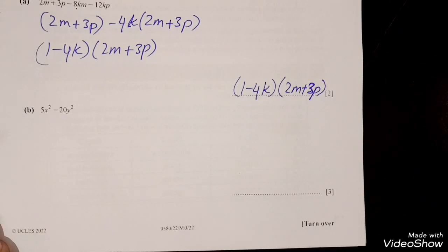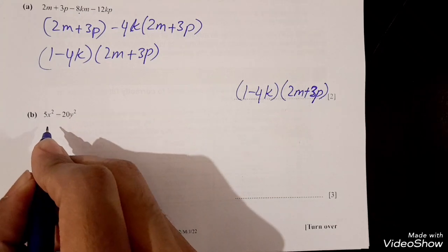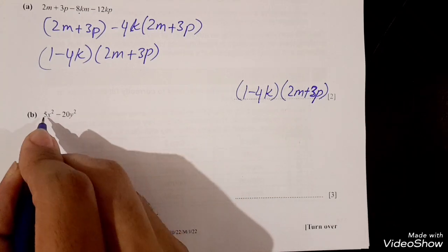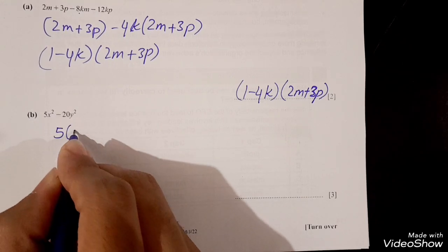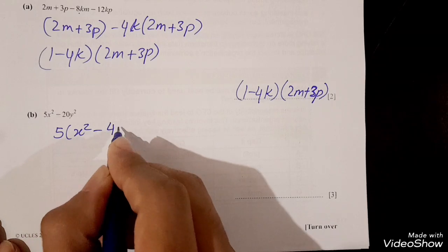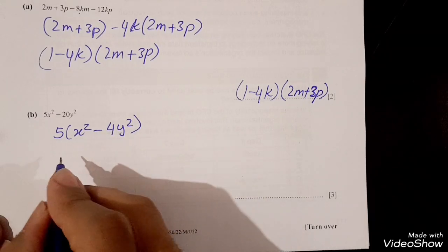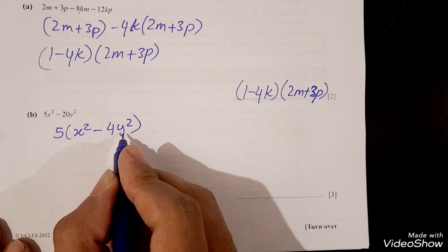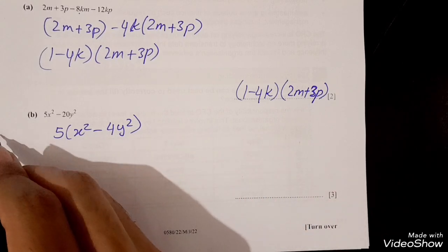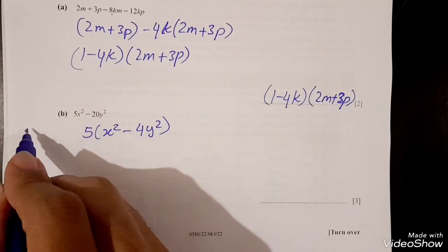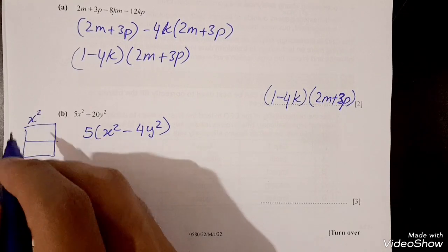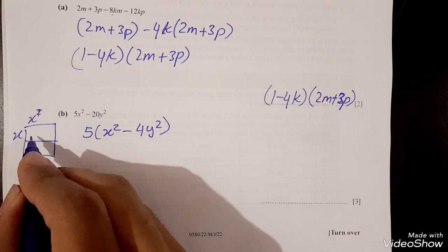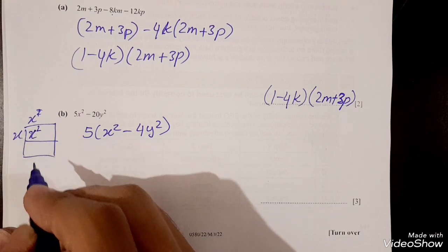Part B states 5x squared minus 20y squared. So over here in both values 5 is common, so we'll exclude 5. So x squared minus 4y squared. So now we have x squared and 4y squared, so we can use a square over here and write x and x, so this will be x squared.